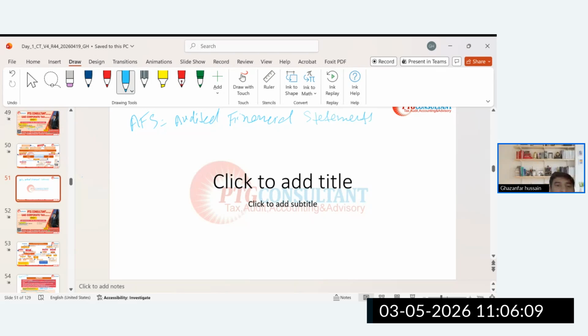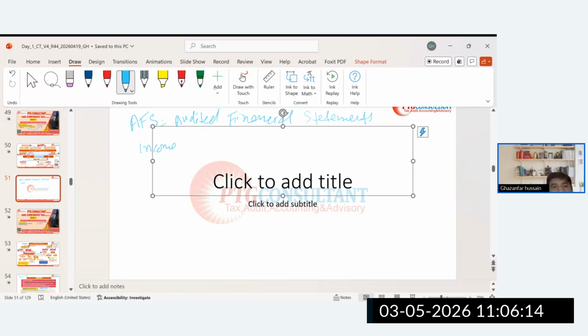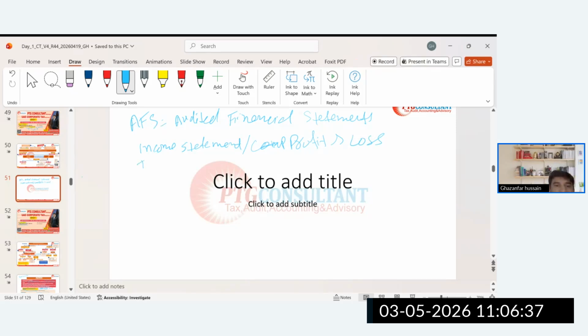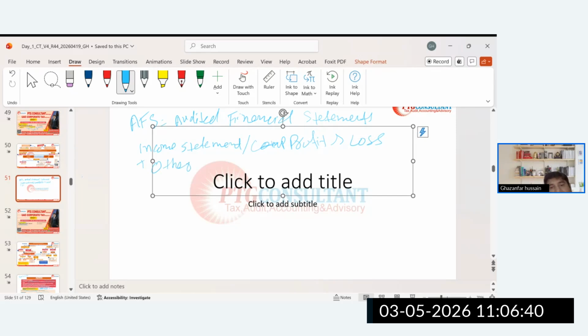The income statement has a different name; we may be familiar with the income statement, or the profit and loss, the other common name we are familiar with. Then plus the other comprehensive income statement.